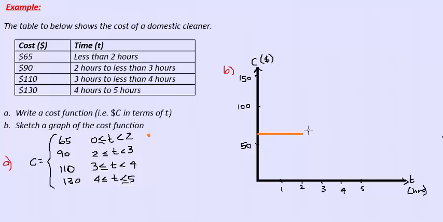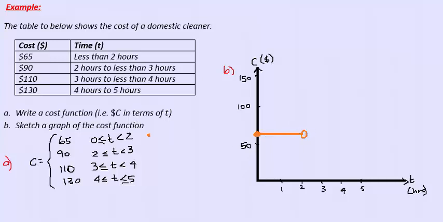Now, I've drawn that. But I also need to show that it does include 0 and it doesn't include 2. So I'm going to show it includes 0 by having a coloured in dot. And I'm going to show it doesn't include 2 by having an open dot. So that means every value up to 2 is included, but not 2.